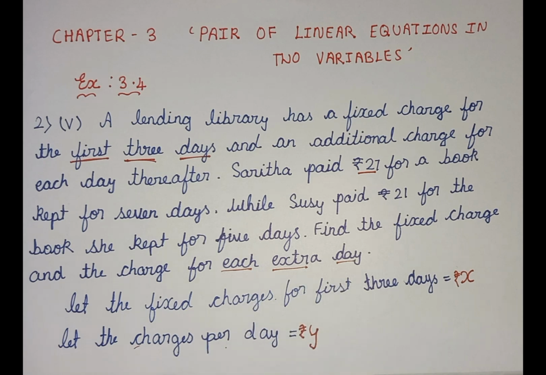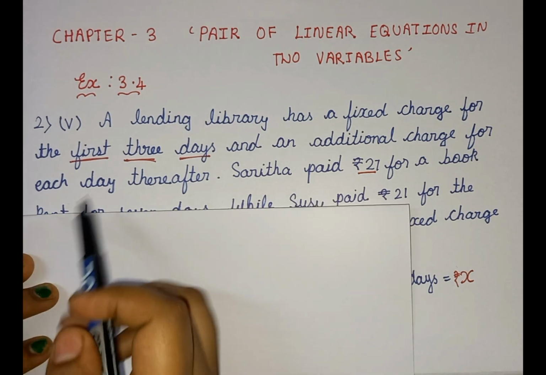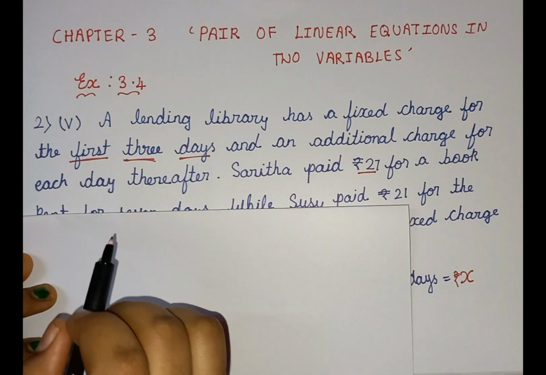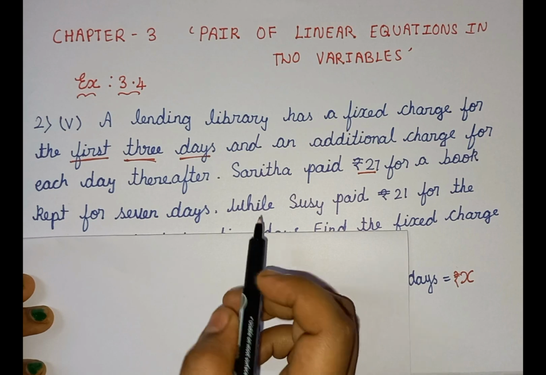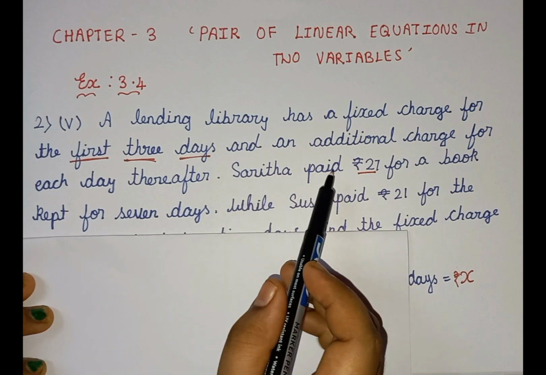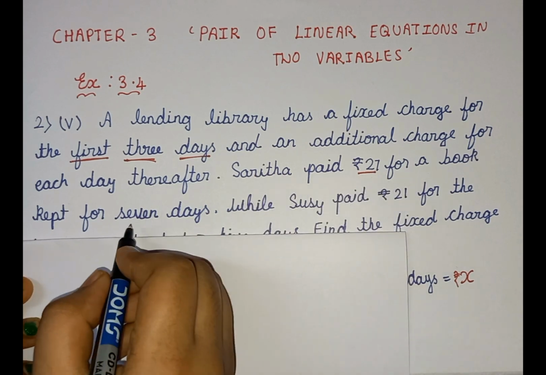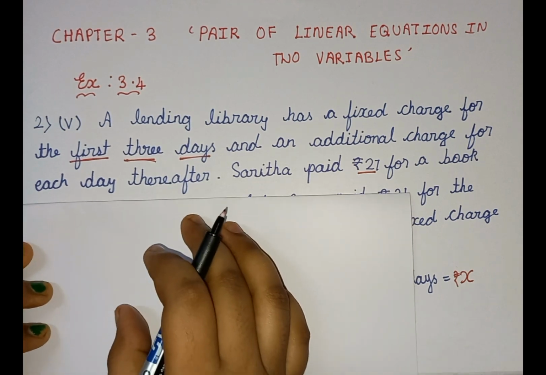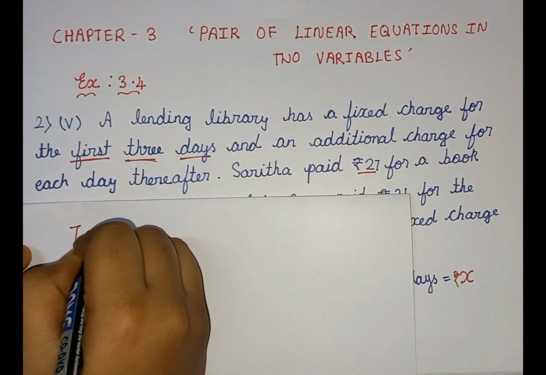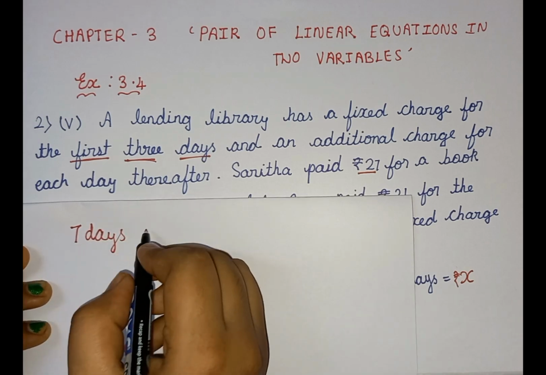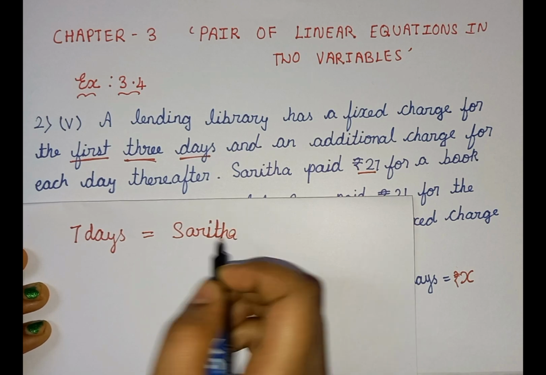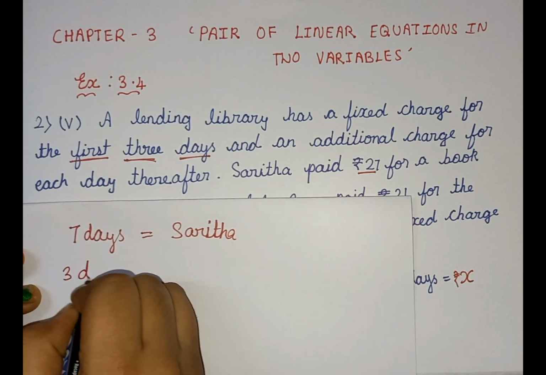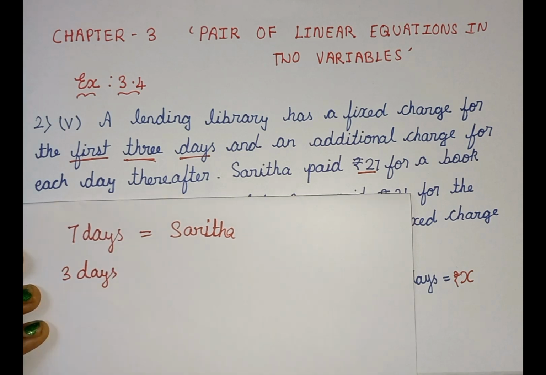Okay, so now let us form an equation. How to form an equation? Here I underlined a few words, and that is really important. First read this sentence properly: Sarita paid Rs 27 for a book kept for 7 days. Here for 7 days Sarita kept the book, but for the first 3 days only there is a fixed charge, isn't it?